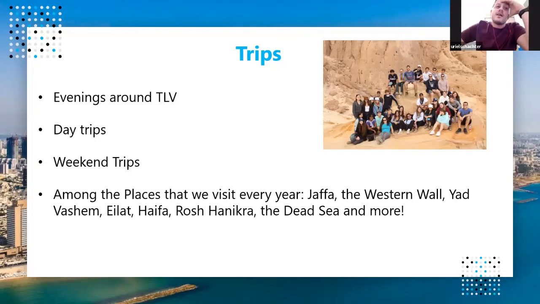The first is evening trips around Tel Aviv. We go to Jaffa, we go to Shuk HaCarmel, we go to all kinds of wonderful places in Tel Aviv. The second kind is day trips, usually on Friday or sometimes on different days. For example, we would go to Haifa or to Jerusalem for one day.